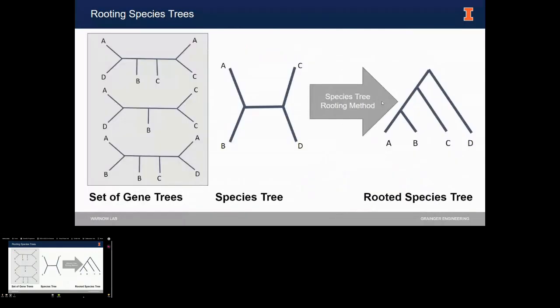So basically, the pipeline that we're looking at here is we want to have a set of unrooted gene trees, potentially multi-copy gene trees, so multiple copies of the same species, and then some unrooted species tree. And then we want a method that can use all this information to get a rooted species tree.